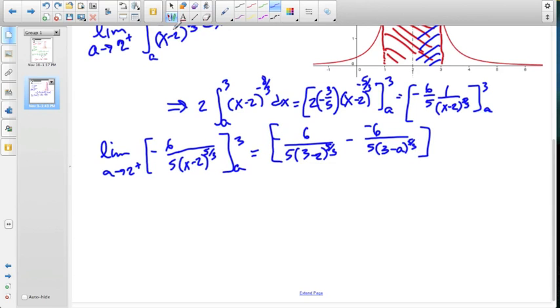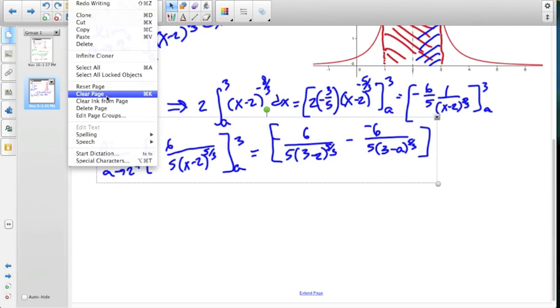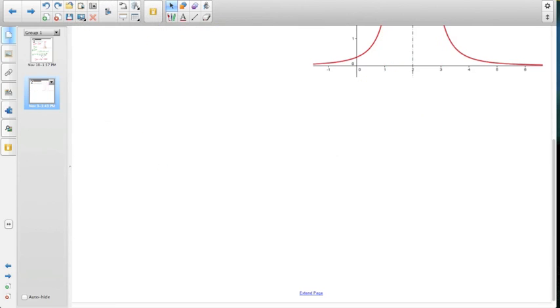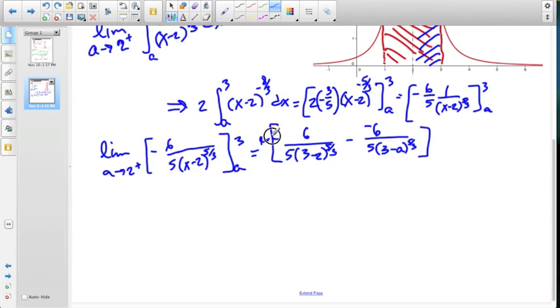I forgot to write the limit in front of it, so let me just squeeze in the limit as a approaches 2 from the right-hand side.